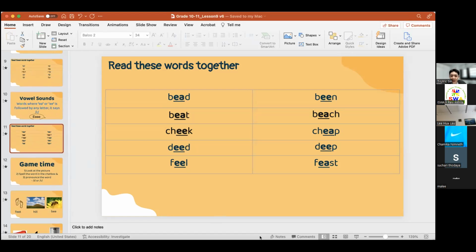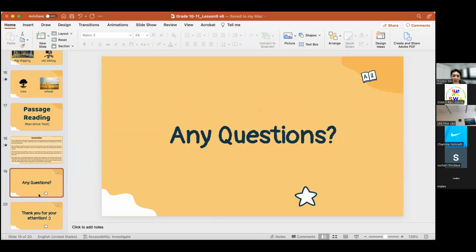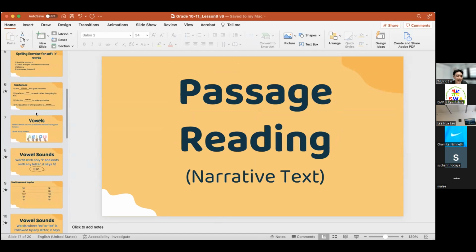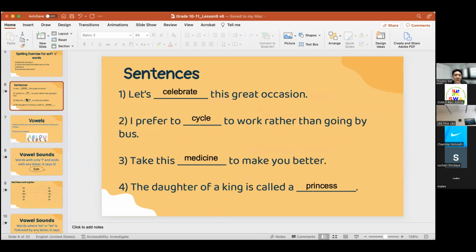Maybe we will try some spelling words. I think that would be better because it looks like we have already almost reached the end of our slides. Let's try some spelling words and spelling exercises, okay?